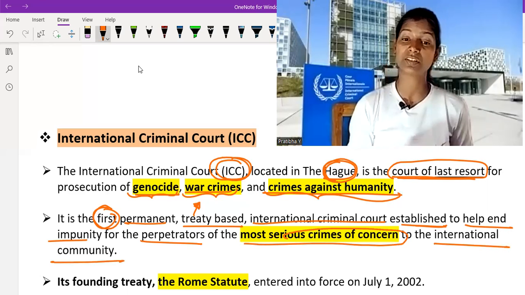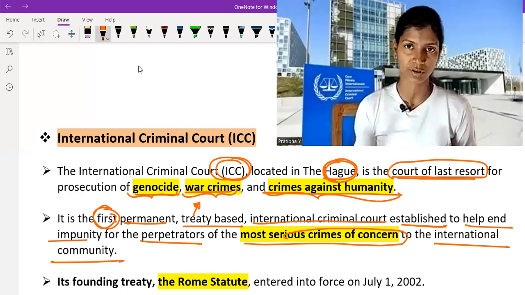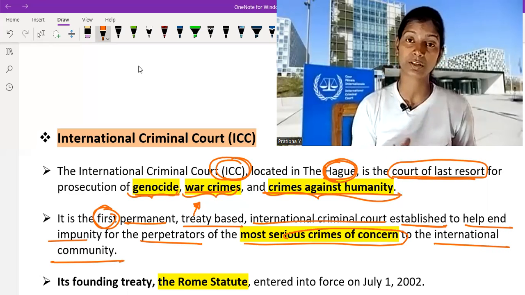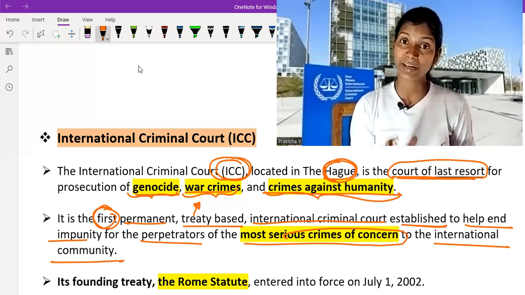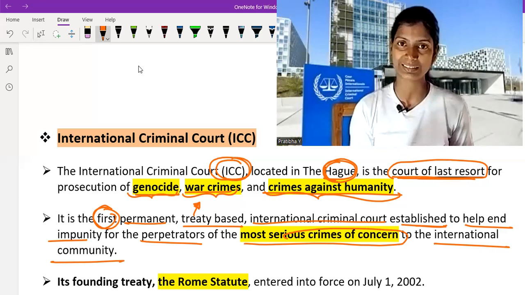So if any crime is of grave concern to the international community, this court is set up to end the impunity of perpetrators who are involved with these heinous crimes.